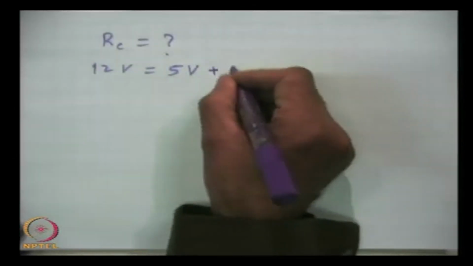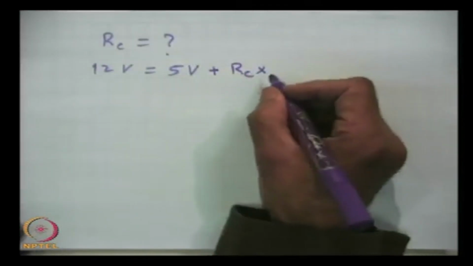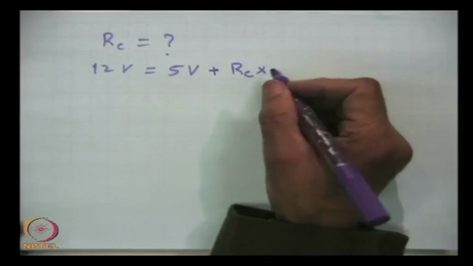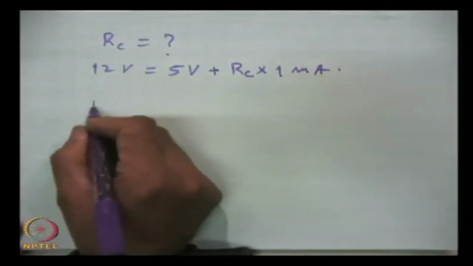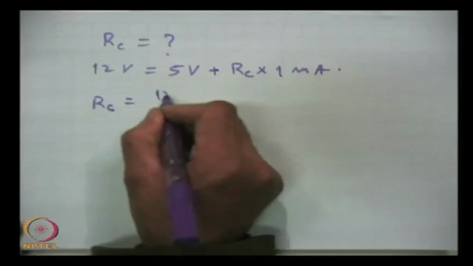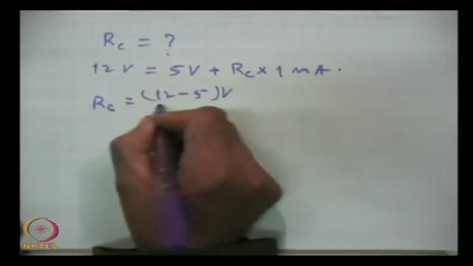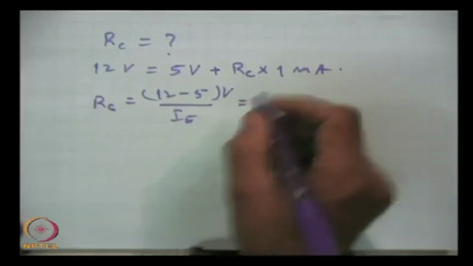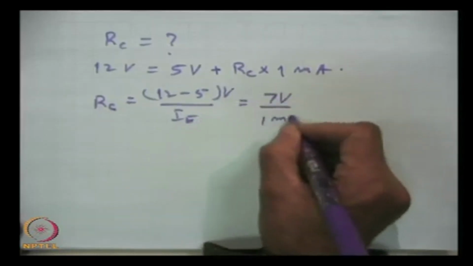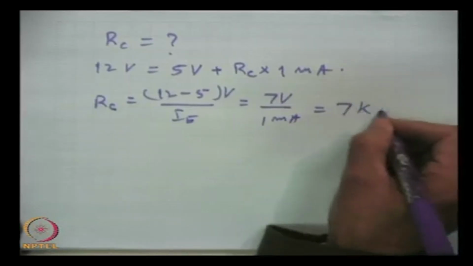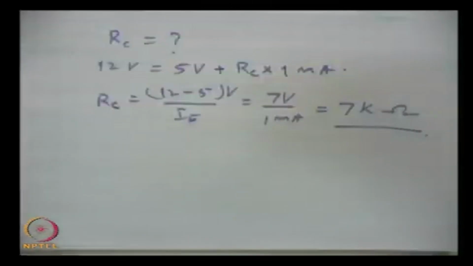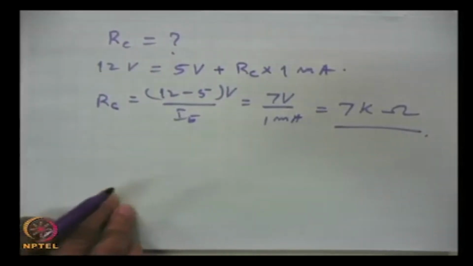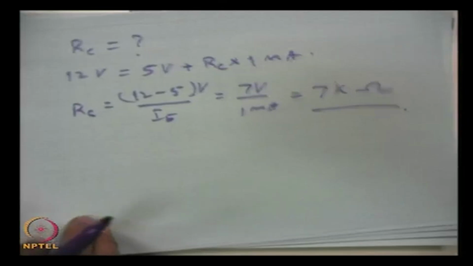IC we have found to be 1 milliampere, and from here we can find RC: 12 minus 5 volts divided by 1 milliampere, which is 7 volts over 1 milliampere. So this is 7 kilo ohms. We have to use a resistance of 7 kilo ohms to get the voltage at 5 volts. This is the design principle I have illustrated through this example.